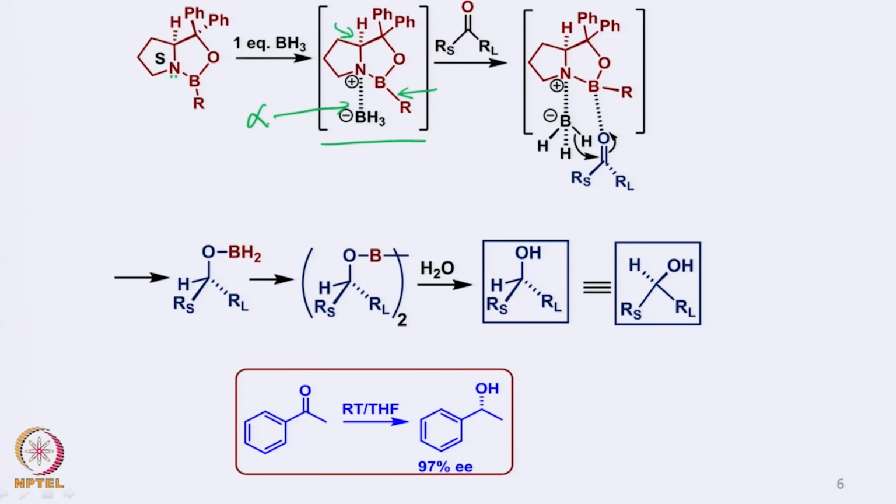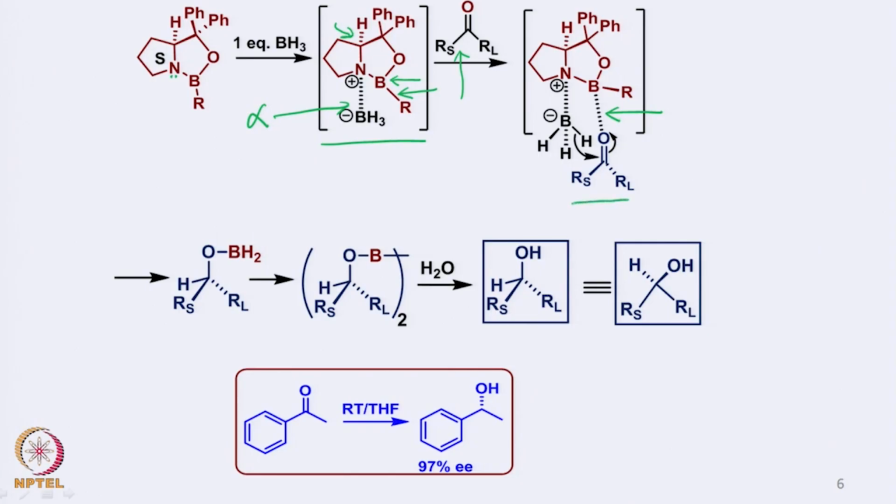Now the only electrophilic part that is left out is this particular boron, and we have the carbonyl group, which can have one small group and one large group. So the oxygen of the carbonyl group comes in contact with the electrophilic boron and has this chelation or coordination. Now at that stage there are two possibilities of orienting.